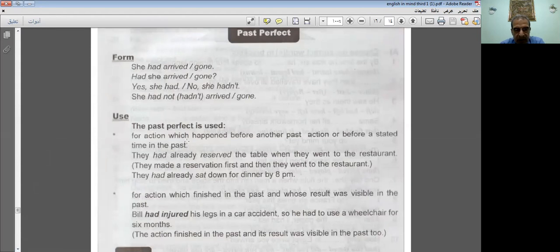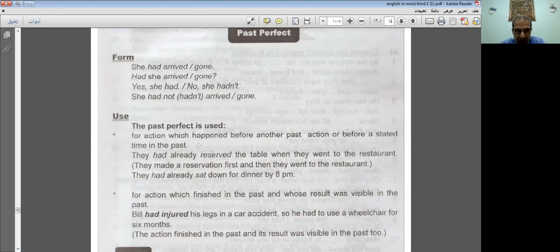The past perfect is used for an action which happened before another past action or before a stated time in the past. They had already reserved the table when they went to the restaurant.